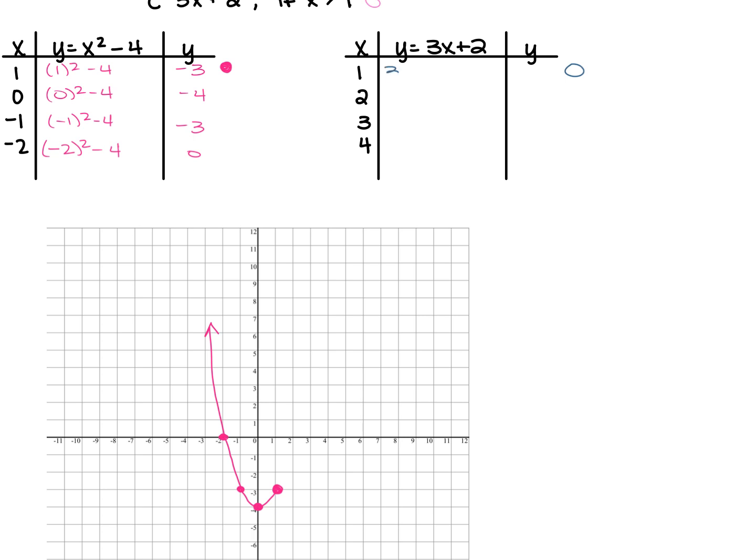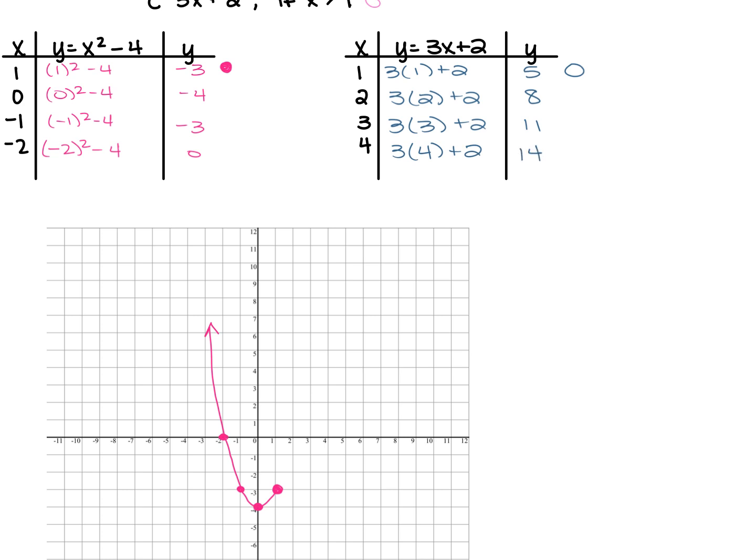So if we plug the 1 in, that's going to be 3 times 1 plus 2. That's 3 plus 2, which is 5. If we plug the 2 in, that's 3 times 2, which is 6, plus 2 is 8. Then 3 times 3 is 9, plus 2 is 11. And 3 times 4 is 12, plus 2 is 14.